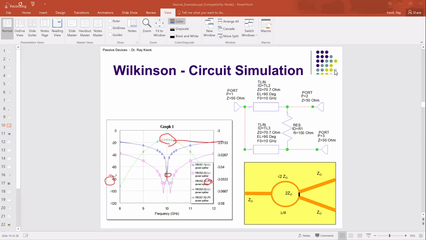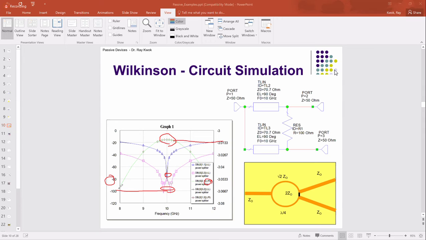It's still 80 dB. I mean, that's more than good. The isolation now is the pink line. It's also on the right scale, and it's also along the same magnitude. So you get perfect match, perfect isolation, and perfect power split on this ideal circuit.